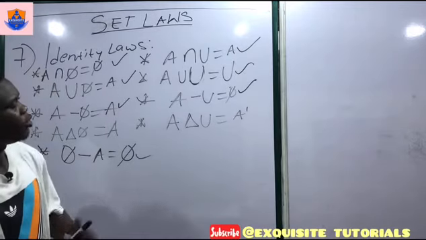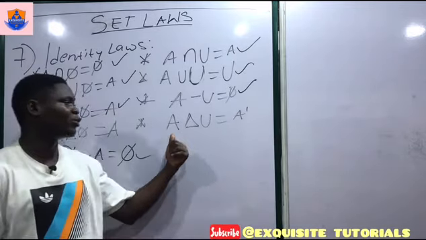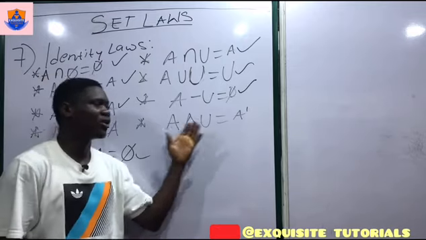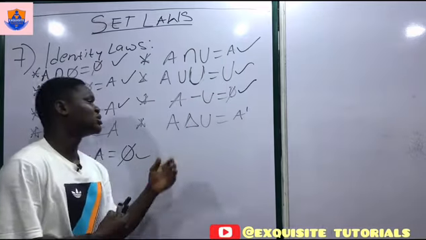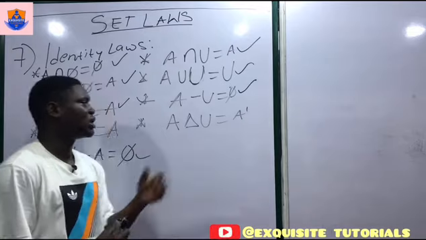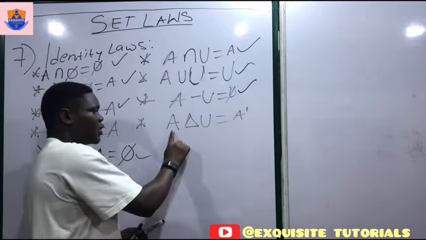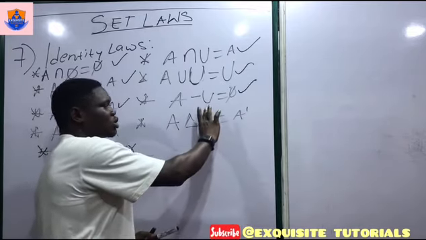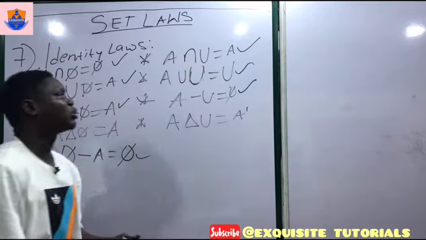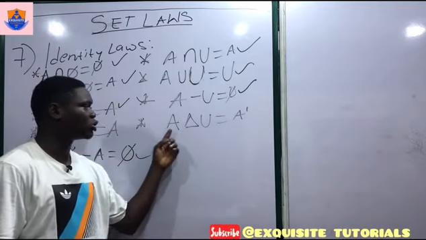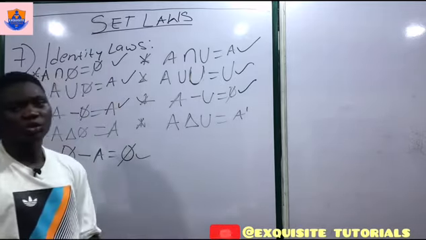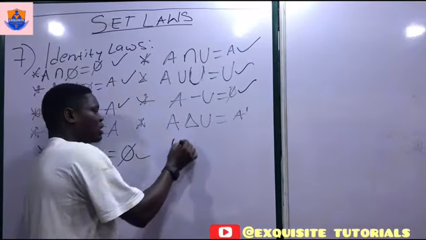What about when you find the symmetric difference of the set A and the universal set? The symmetric difference of these two are those elements in A, first of all, that are not in the universal set. What are those elements that are in A but not in the universal set? It is actually an empty set.